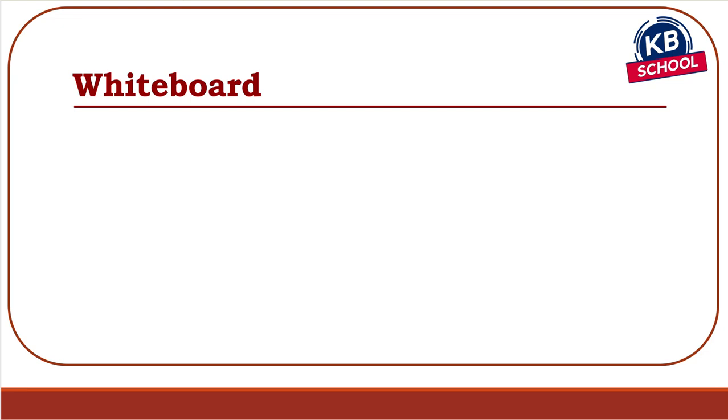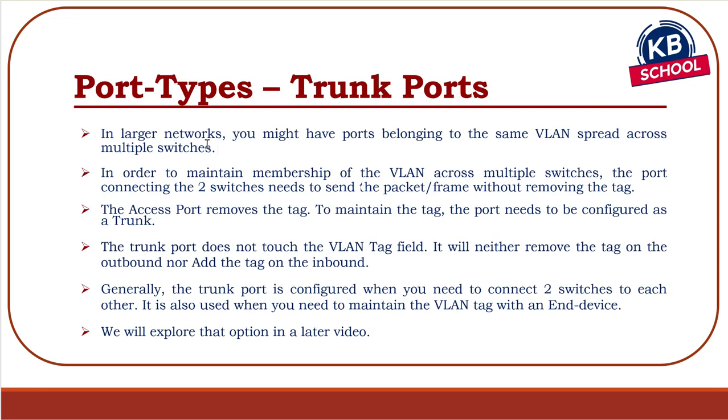So let's go ahead and take a look at the definitions. In a large network, you might have ports belonging to the same VLAN spread across multiple switches. So it's not on the same switch. You have one switch on floor 1, another switch on floor 2, but VLAN 10 has ports on both switches. In order to maintain the membership of the VLAN across multiple switches, the port connecting the two switches needs to send the frame without removing the tag.